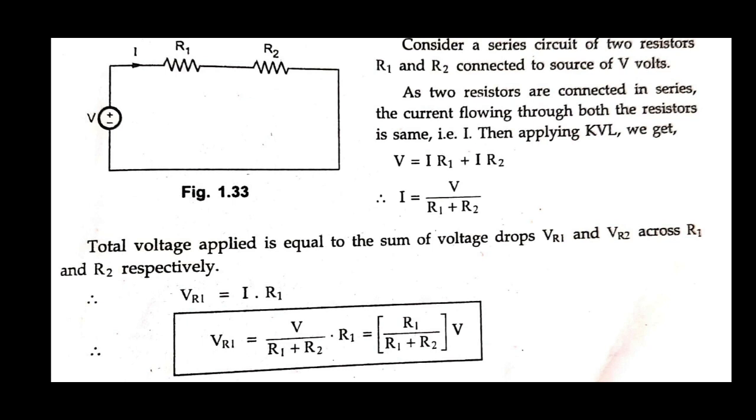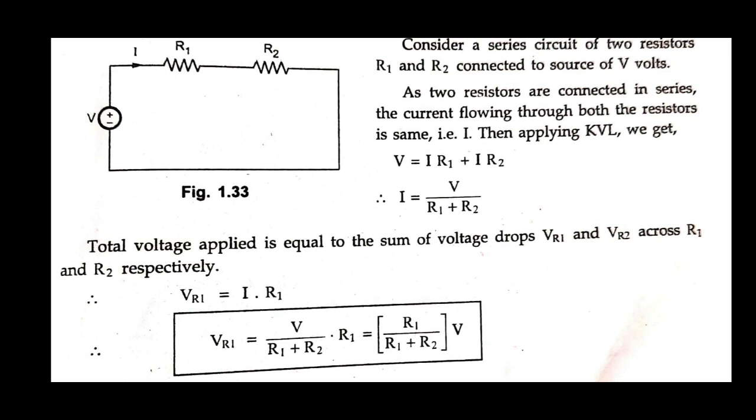So the voltage across R1 is equal to R1 upon R1 plus R2 into the total voltage. That is, the resistance of that point upon the sum of the resistors, into the total voltage.